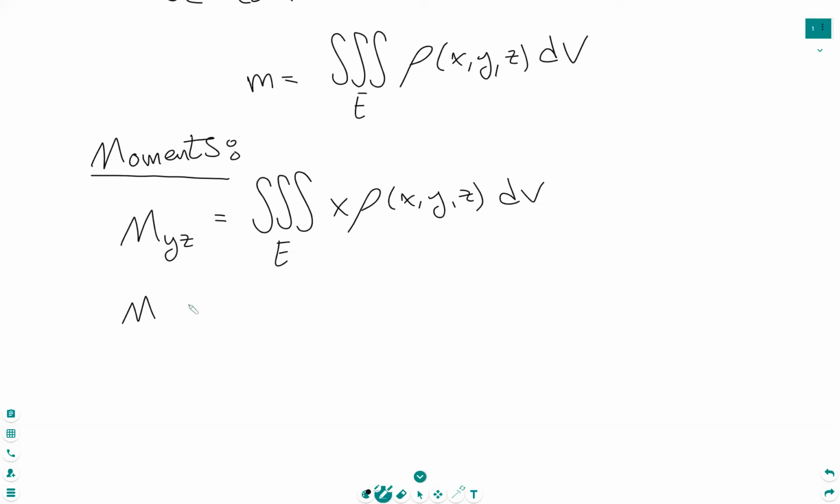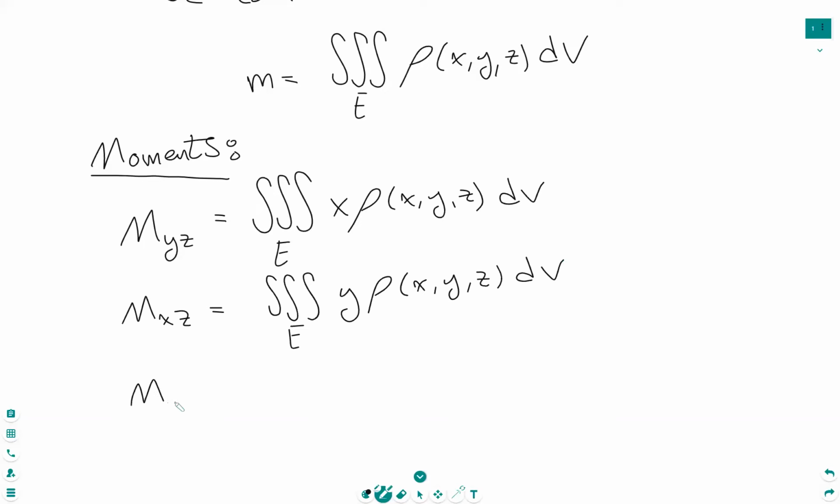We'll also have a moment across the XZ plane, which is the triple integral over E of y times the density dV. And we'll also have a moment across the XY plane, which is the triple integral over the region E of z times our density function.